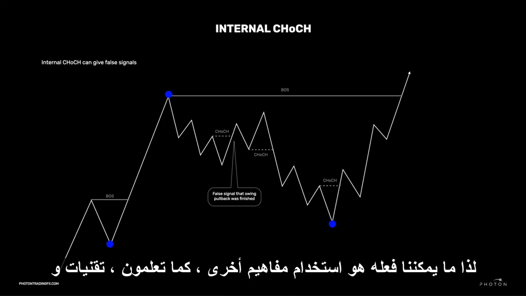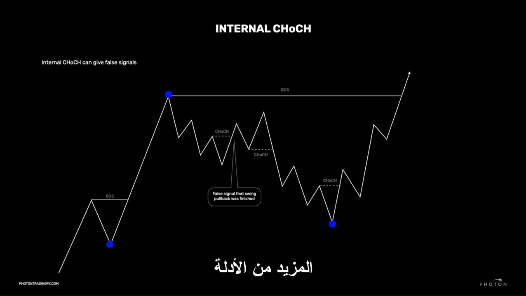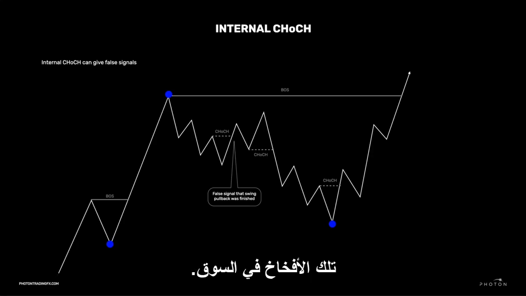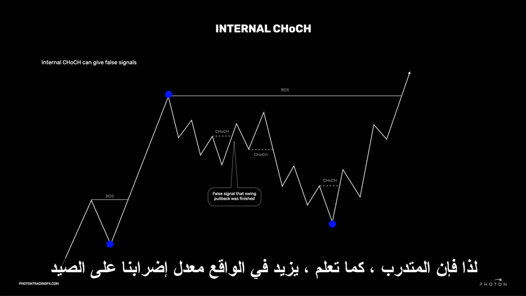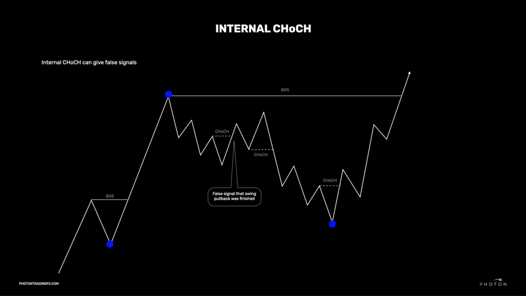So what we can do is use other concepts, techniques and tools in our analysis toolbox to help us build more confidence and more evidence, to increase our ability to stay out of trading those false signals and traps in the market, in turn increasing our strike rate on catching the true turning points and the true continuations in the market.